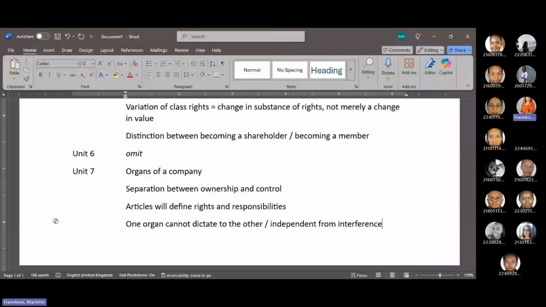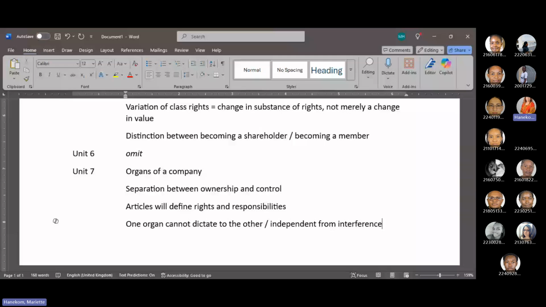And it happens time and time again. There are so many examples where a government minister, the particular portfolio minister, interferes in decisions of the board, trying to tell them what to do. The board is busy appointing a chief executive officer.